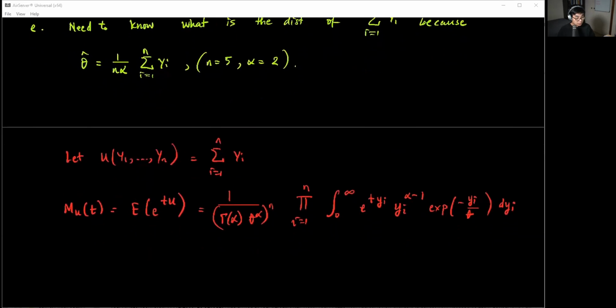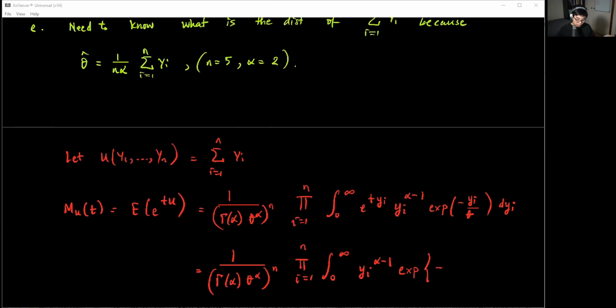Okay. So with a little bit of simplification, we can see that we have the following. We have y alpha minus 1, and we have the exponential of minus 1 over theta minus t yi dy.